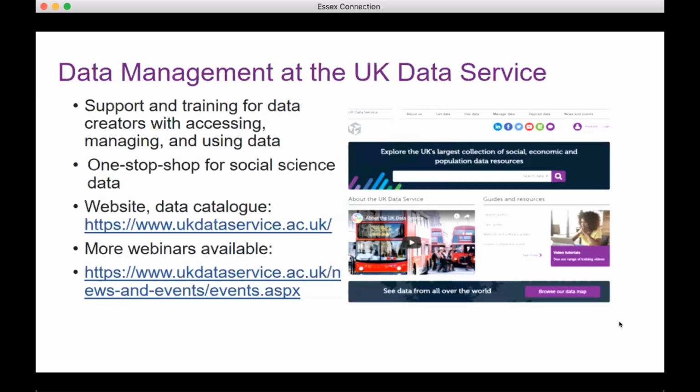This is delivered by staff based at universities across the UK, including Essex, where we are based, Manchester, Leeds, Southampton, Edinburgh, and UCL. The UK Data Archive here at the University of Essex manages the UK Data Service, and we also archive the data here.